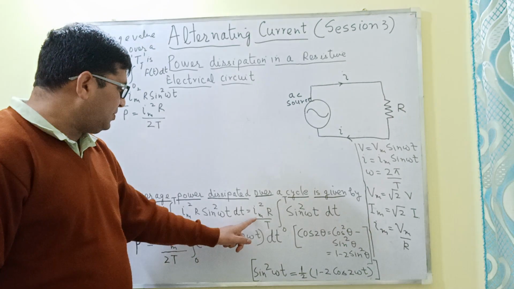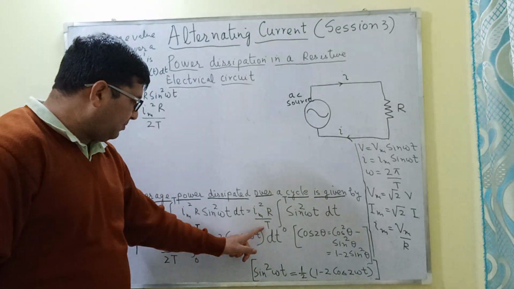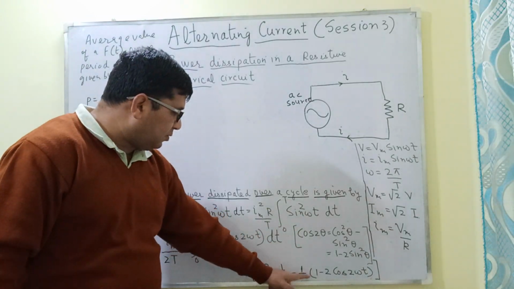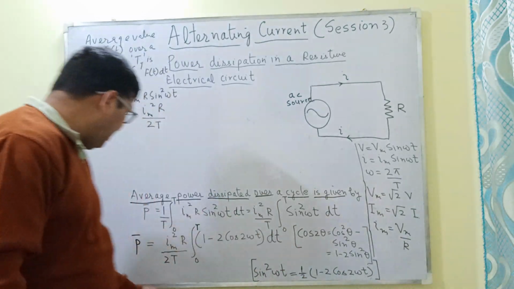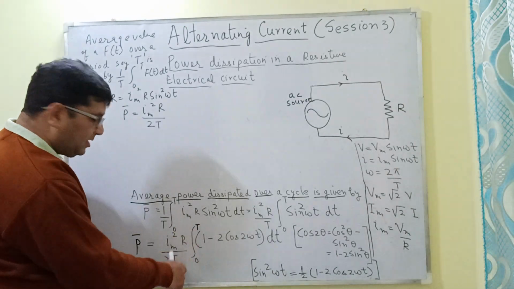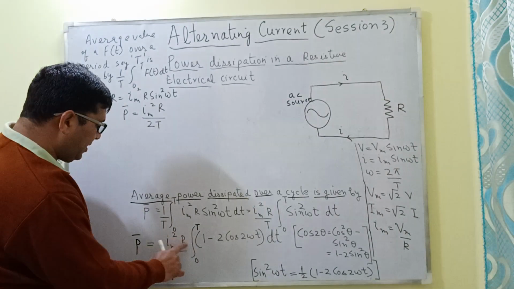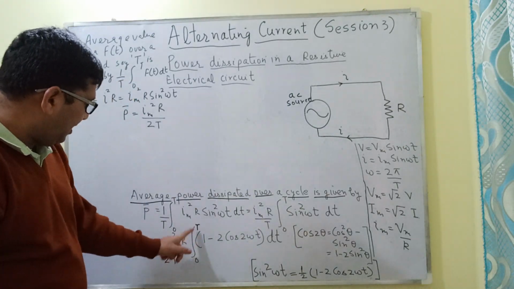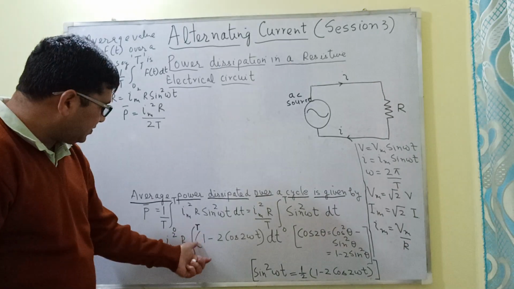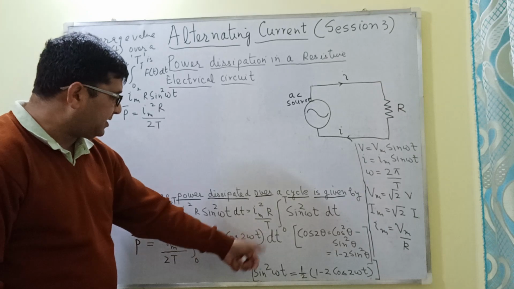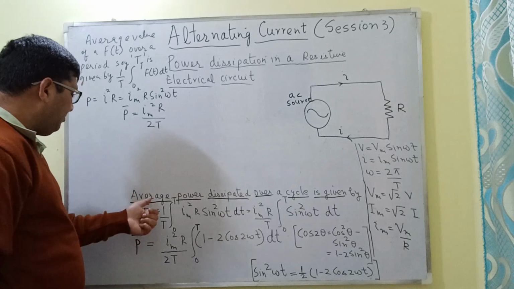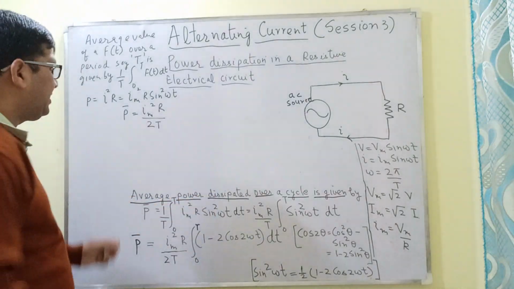Initially this equation was Im square R divided by 2 divided by T. After substituting the value of sin square omega t as 1 by 2 in bracket 1 minus cos 2 omega t, I have taken this 1 by 2 outside the integration, and I am getting Im square R divided by 2T, and then I have to integrate this expression from 0 to T, which is in bracket 1 minus cos 2 omega t dt. So I will now solve this expression, and finally we will be able to get the average power which is dissipated over a cycle.